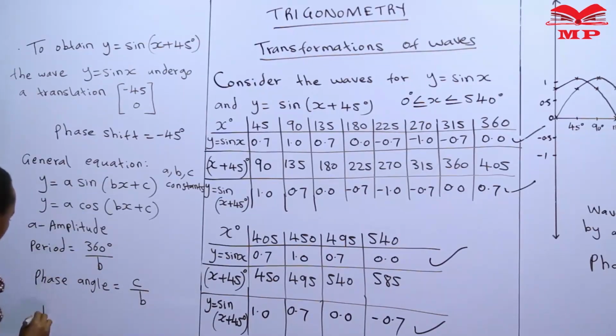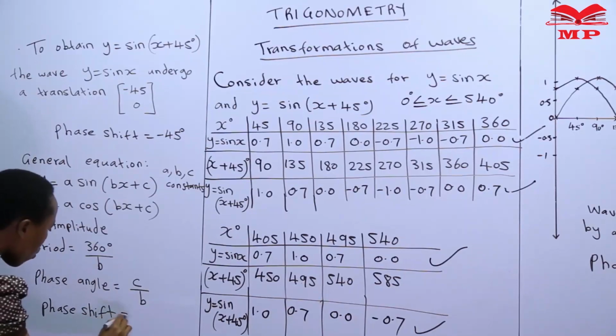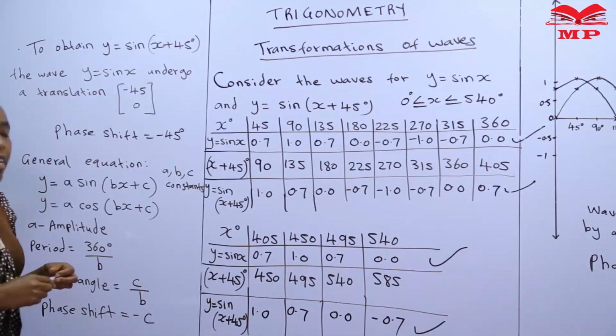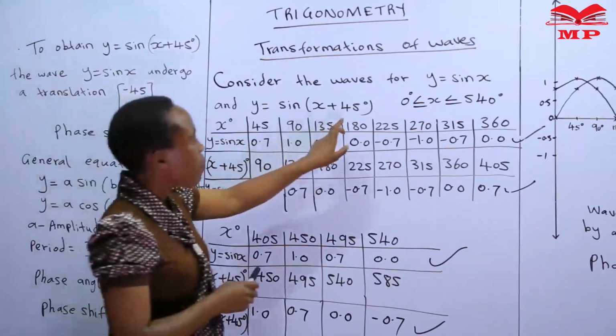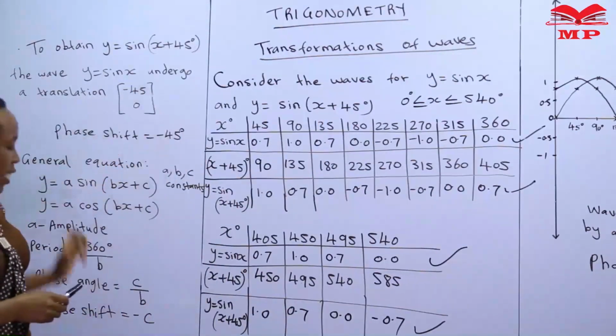Then when you want to get the phase shift, it will be negative c. That is the phase shift. In our case here, our phase shift is negative 45 degrees.